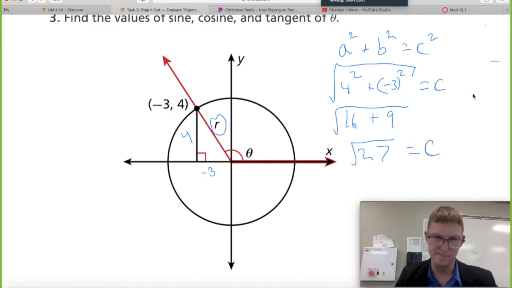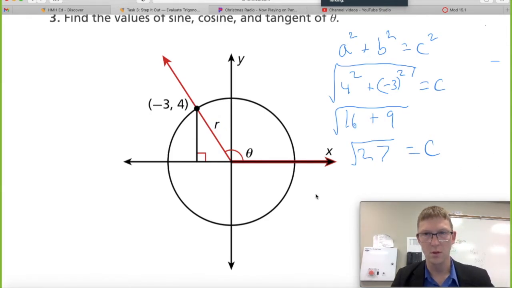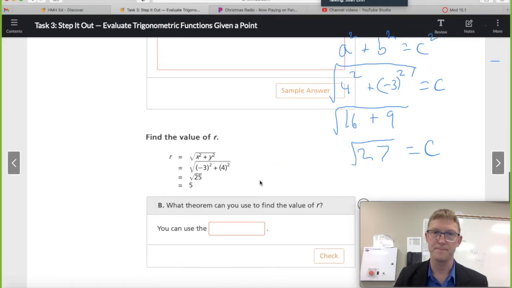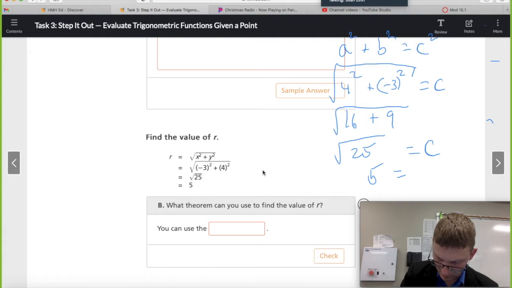Equals c. Or in this case, r, I should say. So let's see what they got. Oops. Can I not add? Yeah, I can't add. I knew that 27 didn't sound right. So then 5 equals our r rather than our c.